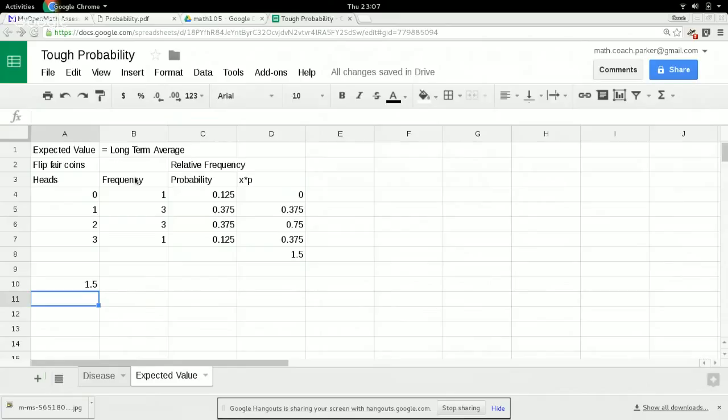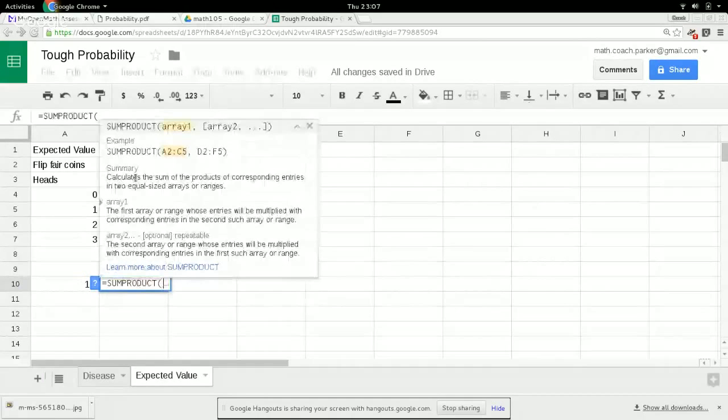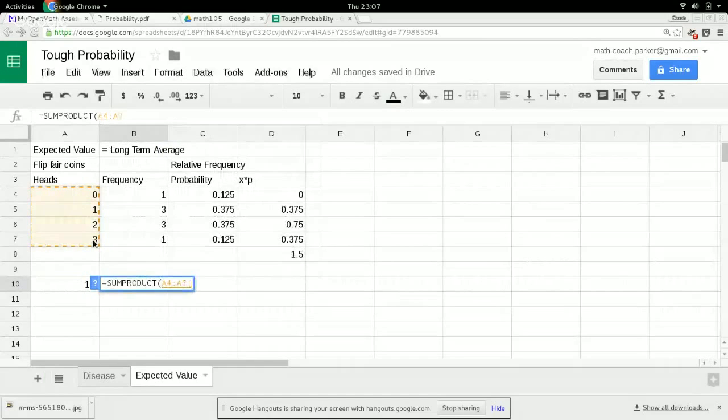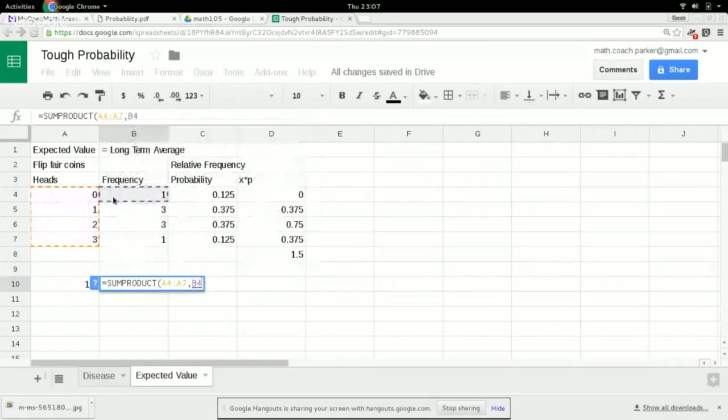Now, what I have here is the sum of a bunch of products. And it turns out the computer has a formula called the sum product. And what the sum product command says is, give me your first list of numbers, then put a comma and give me your second list of numbers, and then close the parentheses.